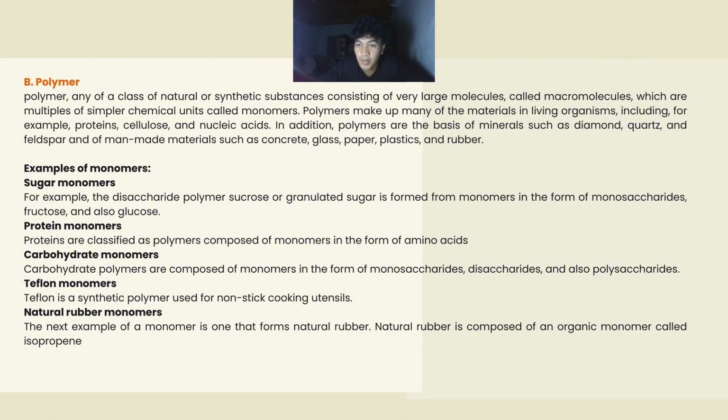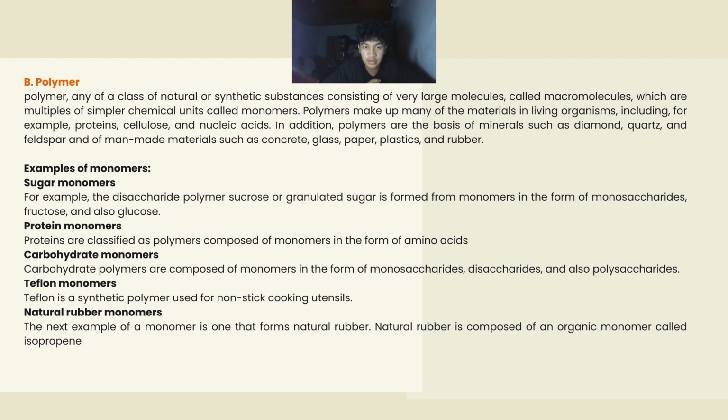Polymers make up many of the materials in living organisms, including, for example, proteins, cellulose, and nucleic acids. In addition, polymers are the basis of minerals such as diamond, quartz, and feldspar, and of man-made materials such as concrete, glass, paper, plastic, and rubber.